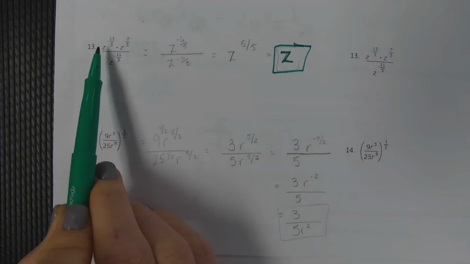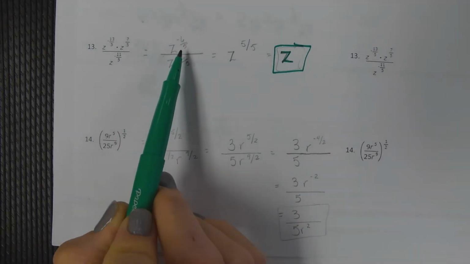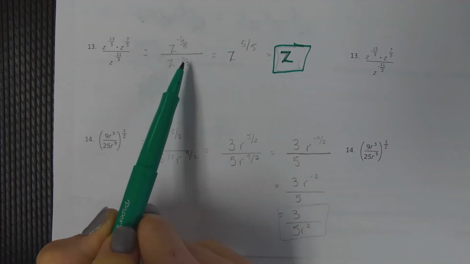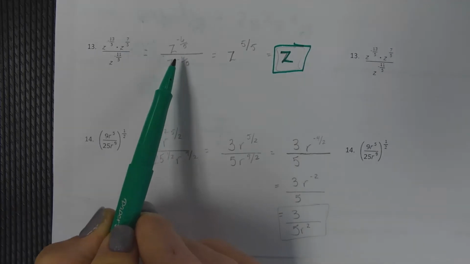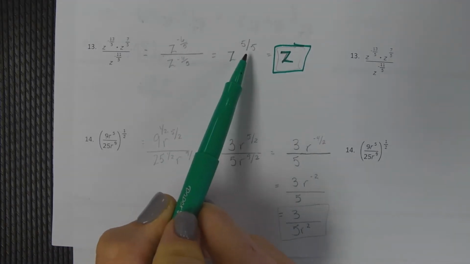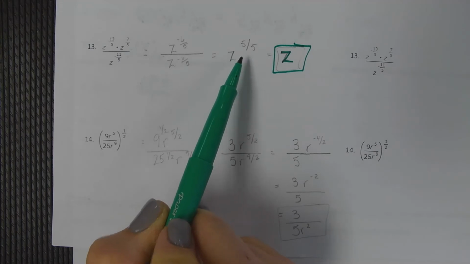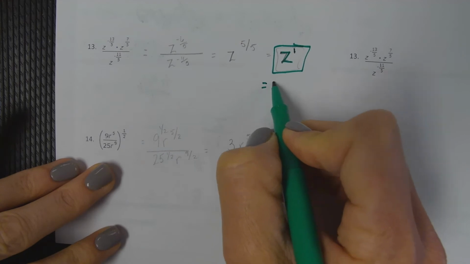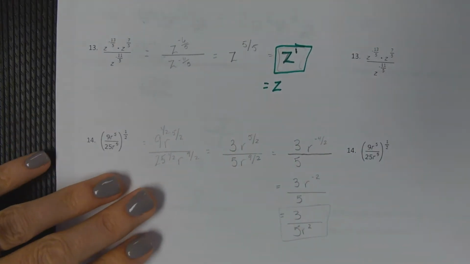So negative 13 plus 7 is negative 6 over 5. And then you're going to subtract negative 6 fifths minus negative 11. You got double negatives. Okay, so that's why it's positive 5 over 5. And if you like me writing this, I'll do it. Z over 1 is just Z.